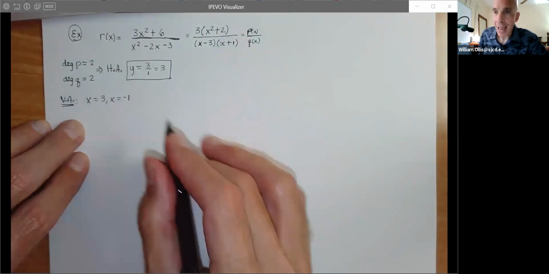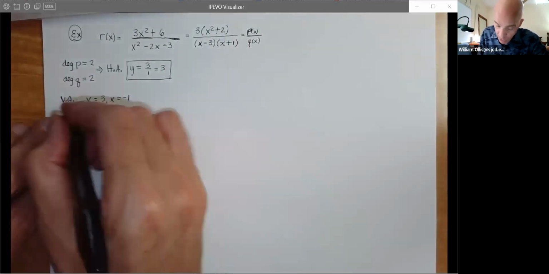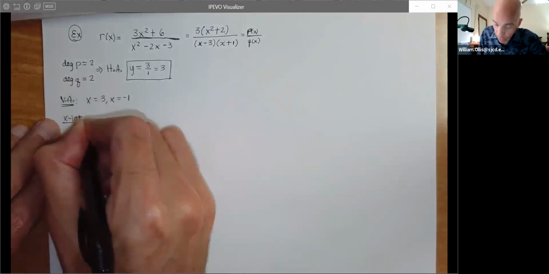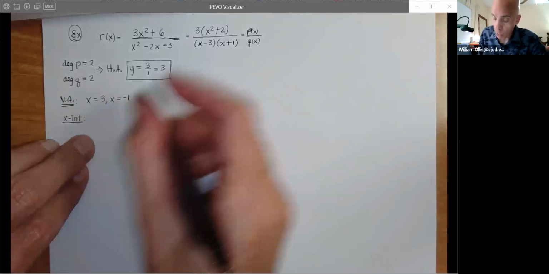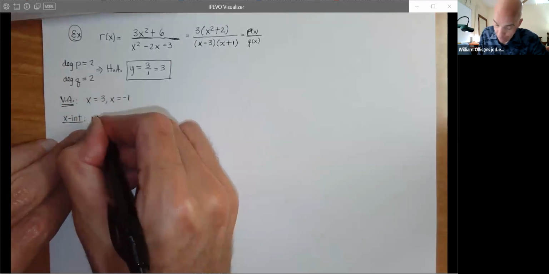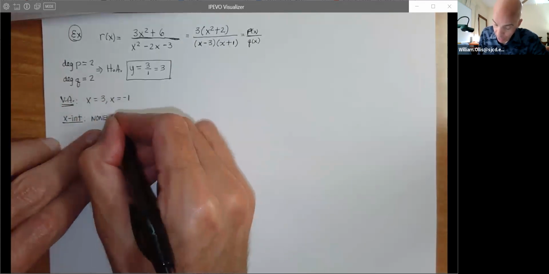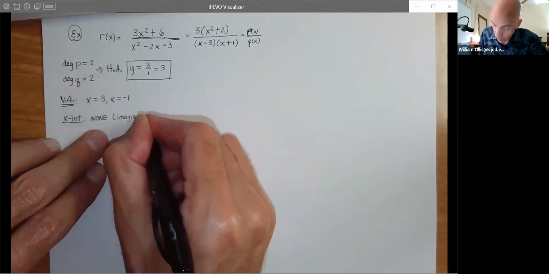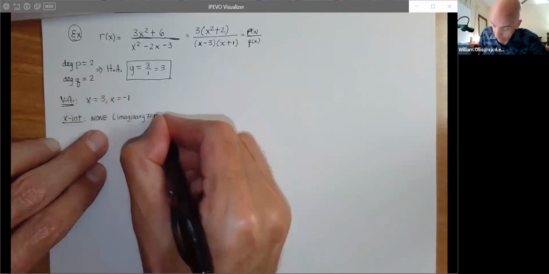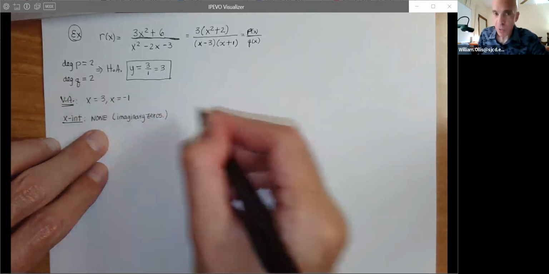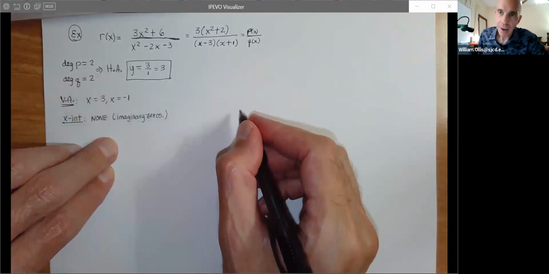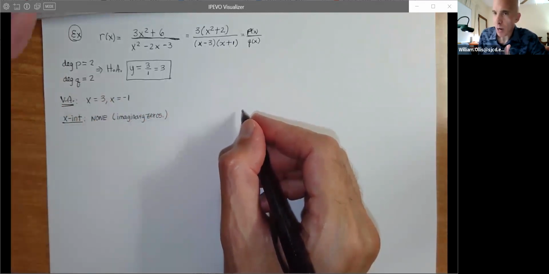So we've covered the asymptotes, and now just look at the intercepts. Well, we've already beaten that to death. There are no x-intercepts that are real, so we have none. So we're just saying imaginary zeros. That really interesting problem we did with the polynomial that had the imaginary coefficients, you treat it just like a quadratic equation.